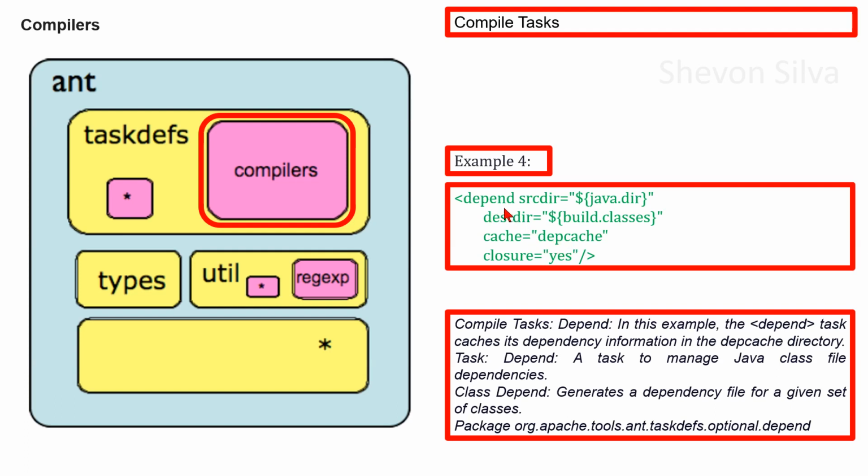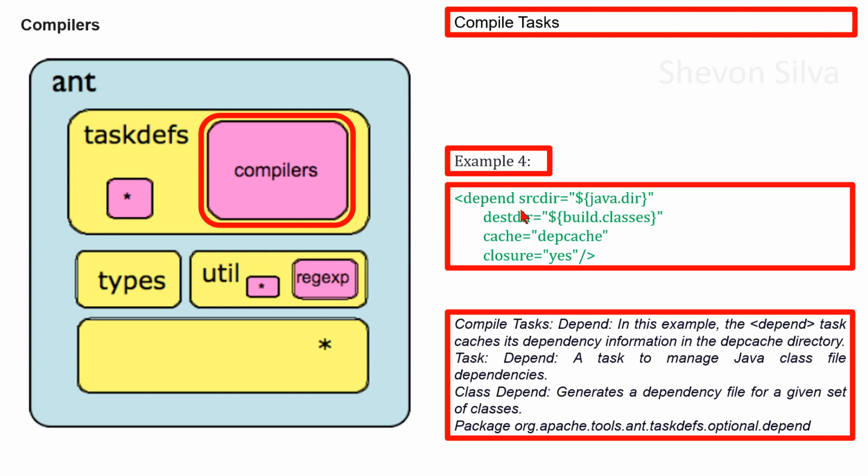The task depend, a task to manage Java class file dependencies. With regard to the API, the class Depend generates a dependency file for a given set of classes. This is in the package org.apache.tools.ant.taskdefs.optional.depend.